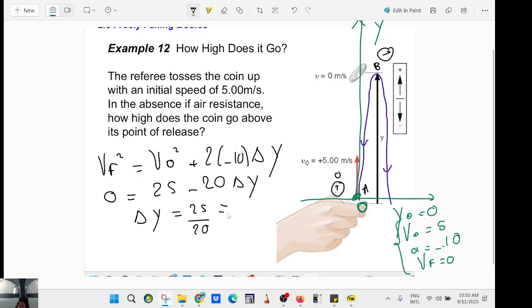So these are easy, right? Okay, so 5 over 4, which is 1.25. Okay, so positive, because the displacement is positive.